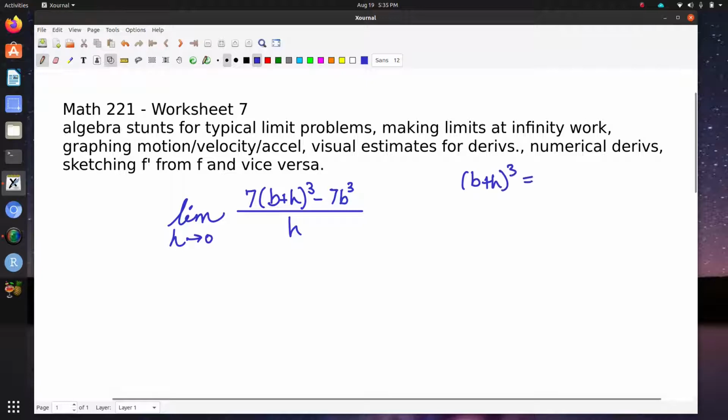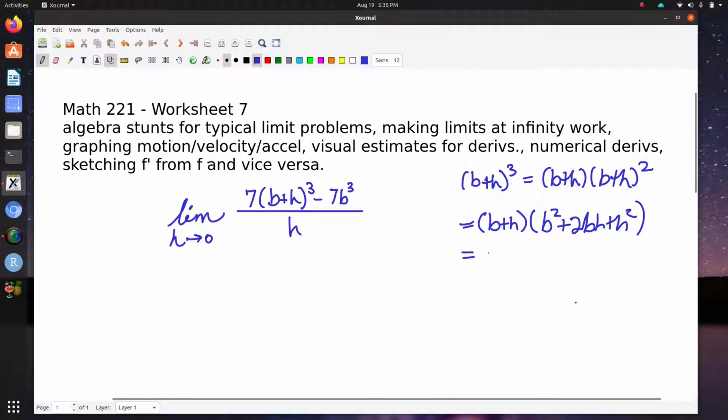b plus h cubed is like b plus h times b plus h squared. Now, if you've done these before, you can just skip ahead, obviously. It's a video. You don't have to stay here and listen to me do what you already know how to do. But if you've never done these before, you have to distributively multiply the b over everything.